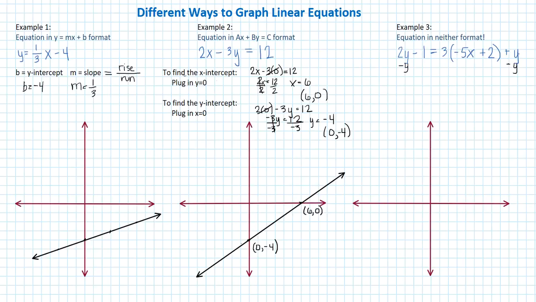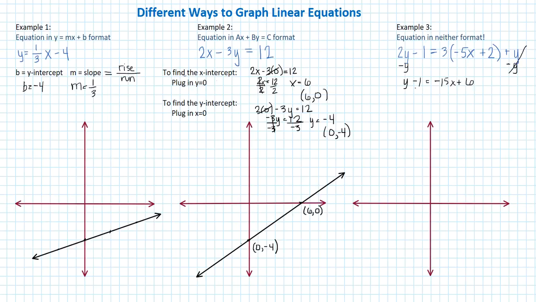So I'm subtracting this y on both sides of the equation, and I'm also going to distribute this 3 to get rid of those parentheses. So my 2y minus y gives me 1y minus 1 equals, and then 3 times -5x, -15x, 3 times 2 is 6.